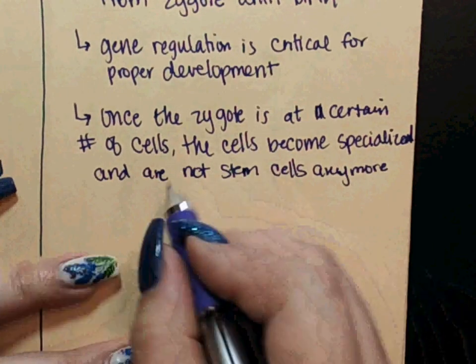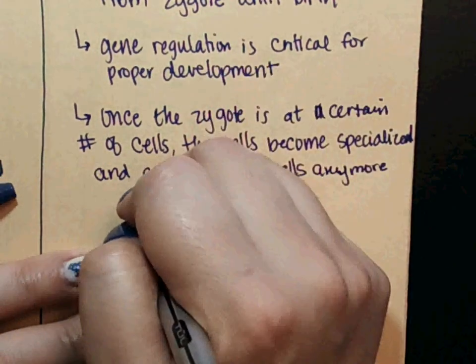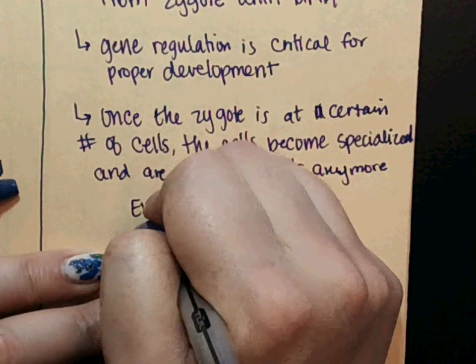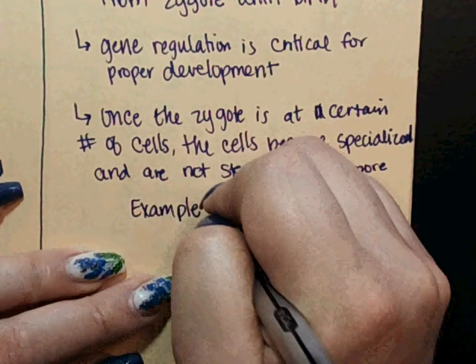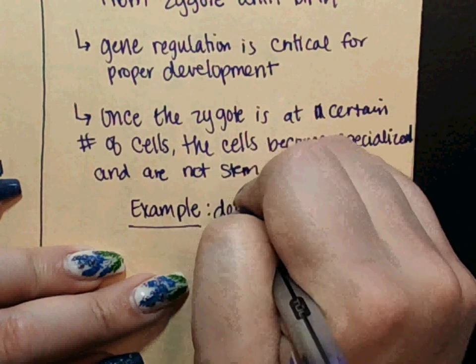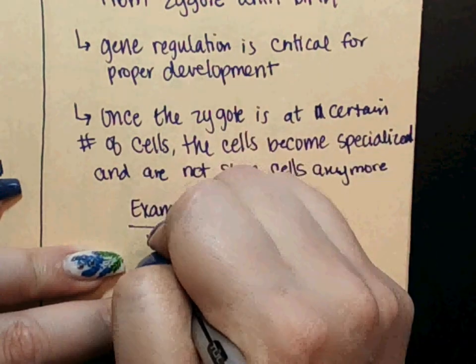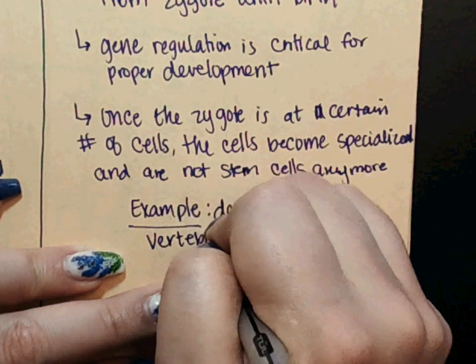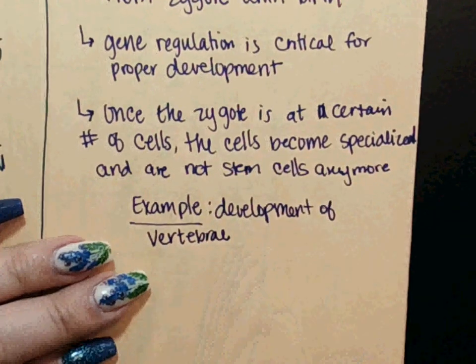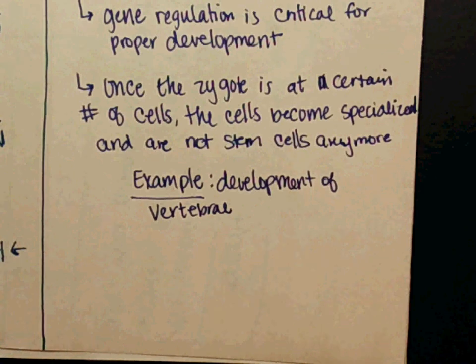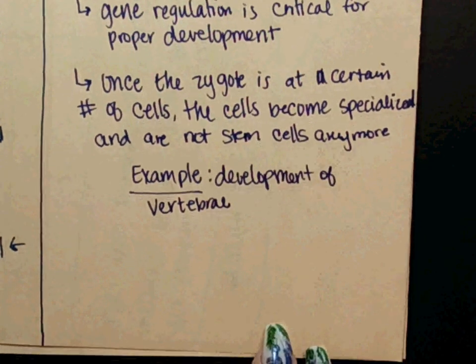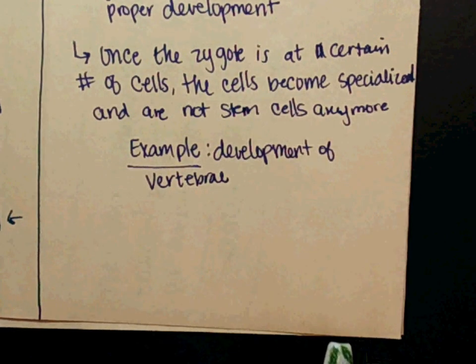A classic example is the development of your spinal column or your spinal cord, the development of the vertebrae. Once your spinal column has developed, you are never going to grow another spinal column. That is the one that you have basically for the rest of your life.